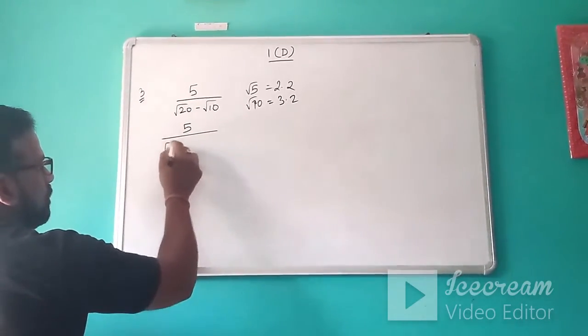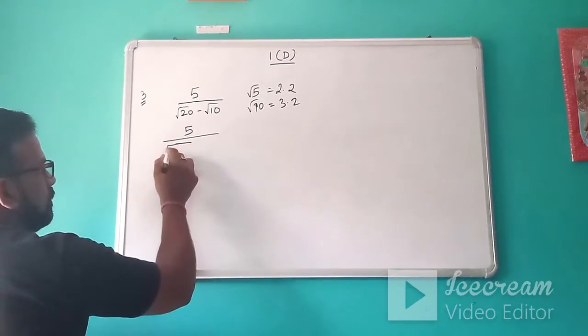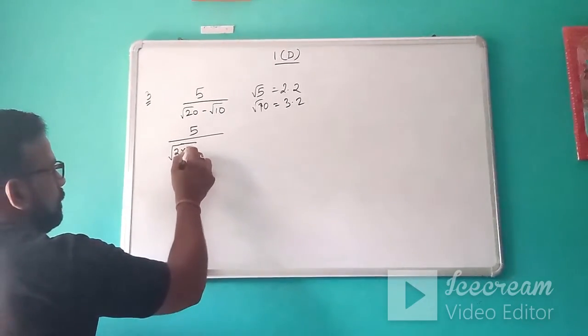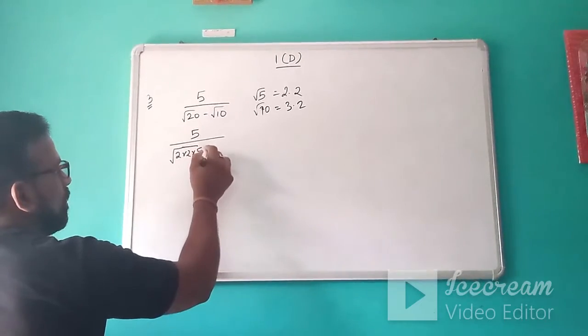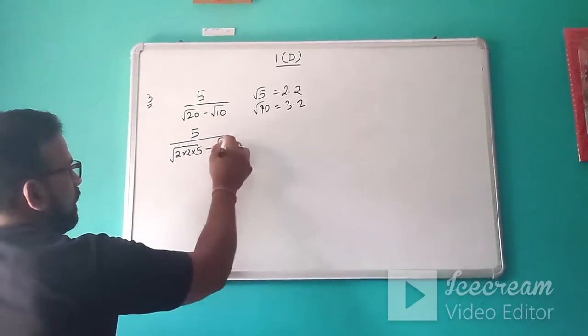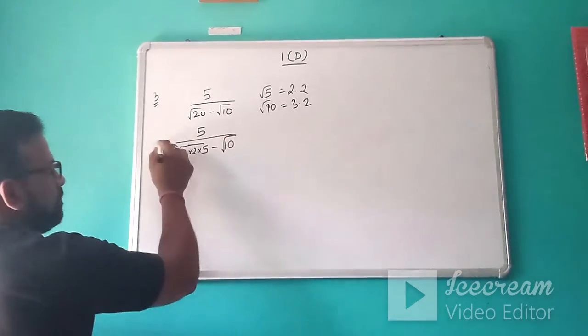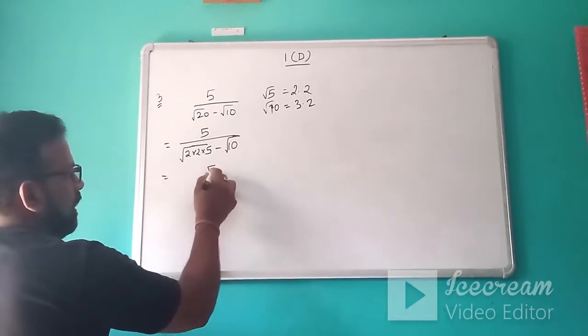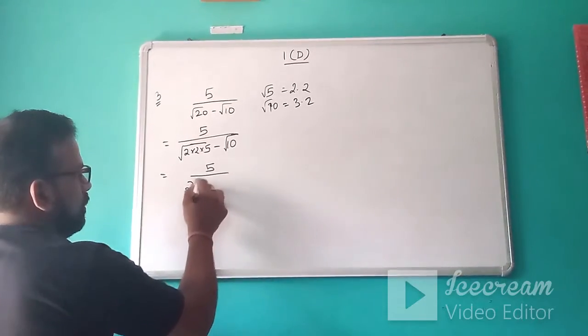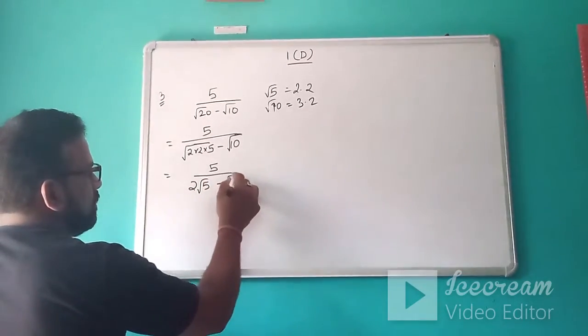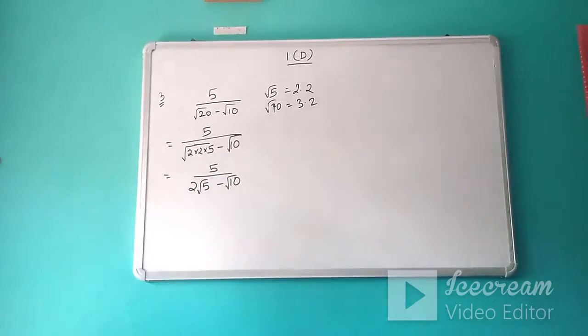Root 20 means 2 into 2 into 5, minus root 10. Then 5 upon 2 root 5 minus root 10.